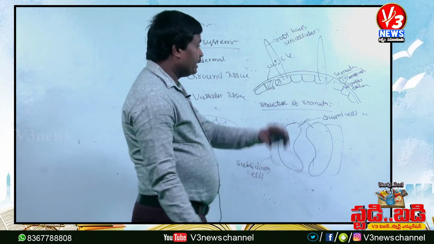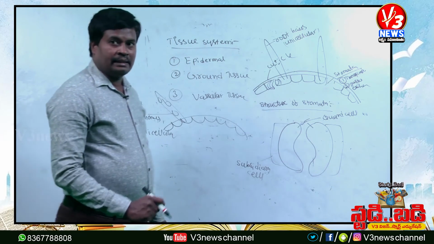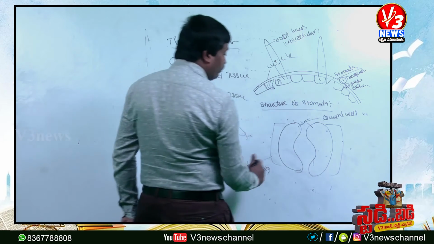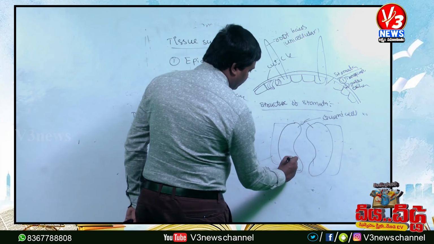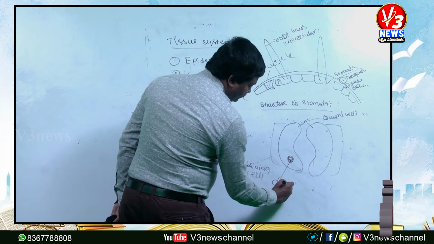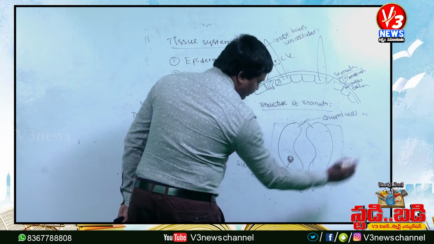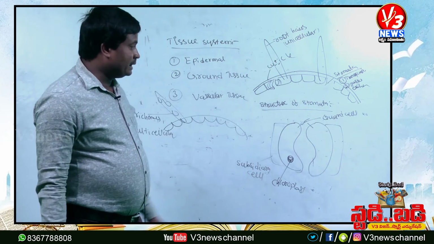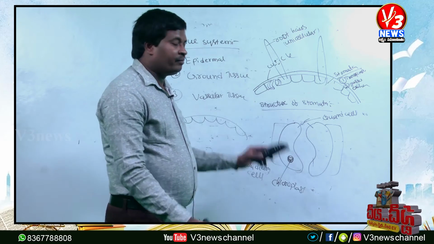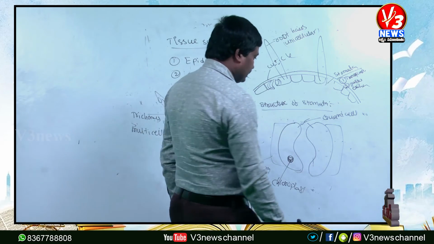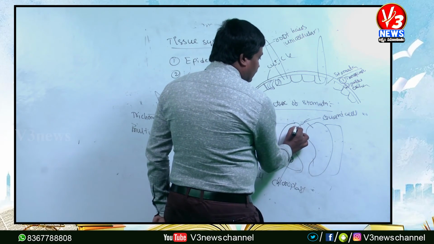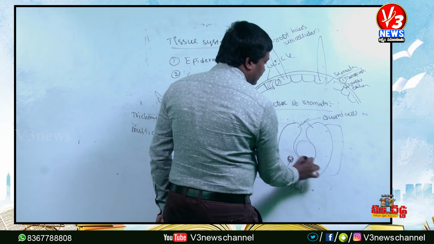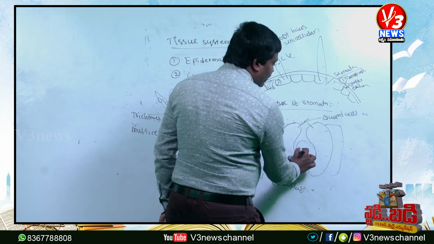Out of the three types of cells, which cells possess chloroplast, very, very important. Chloroplasts are present only in the guard cells because they perform photosynthesis. Then next, this is the guard cells, accessory cells, and this portion is called the stomatal pore.